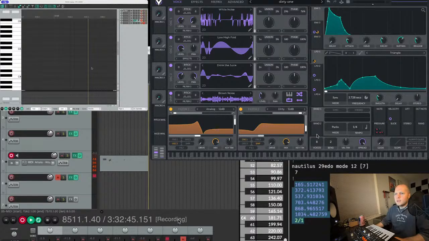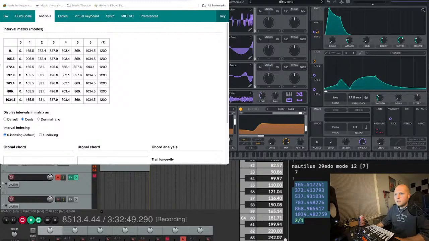Yeah, looks like the biggest step is here to here. So this 0 is this note, and then this is this note.